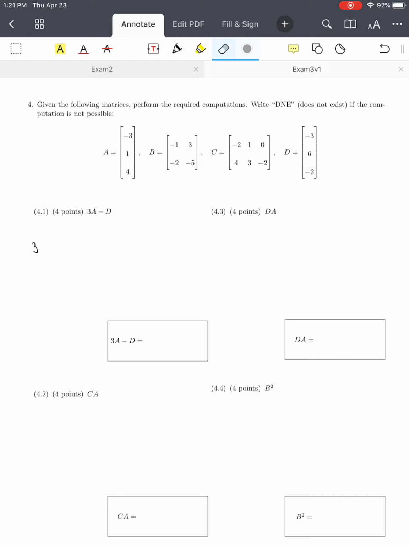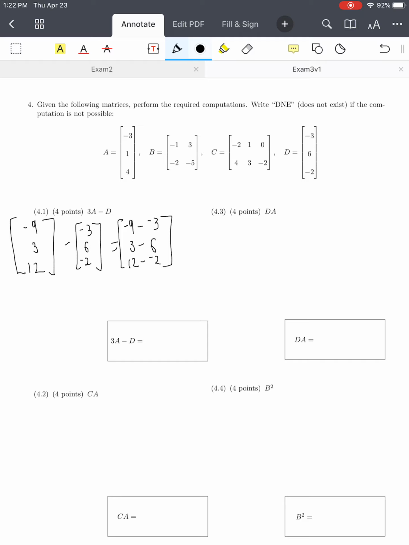Negative 9, 3, 12, minus negative 3, 6, negative 2. So we're just going to do these entry by entry. So this means it's negative 9 minus negative 3, 3 minus 6, 12 minus negative 2.